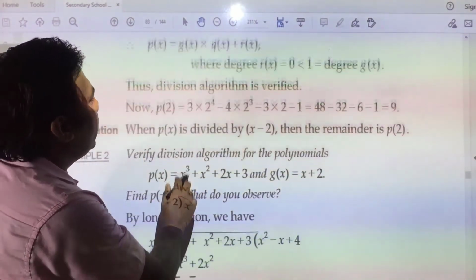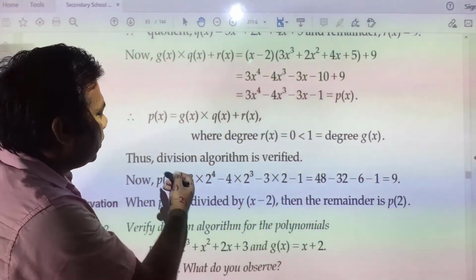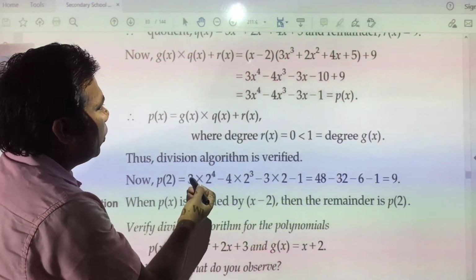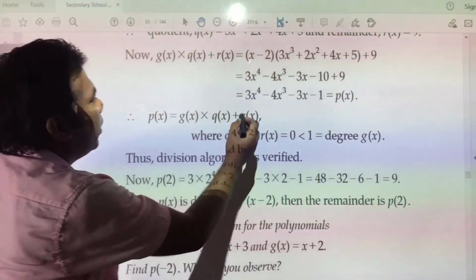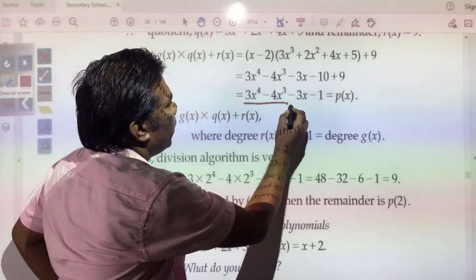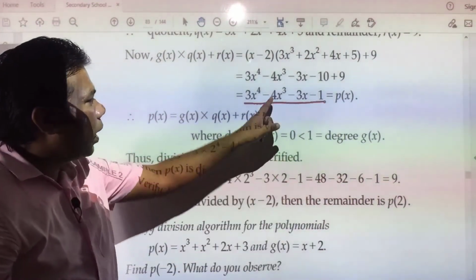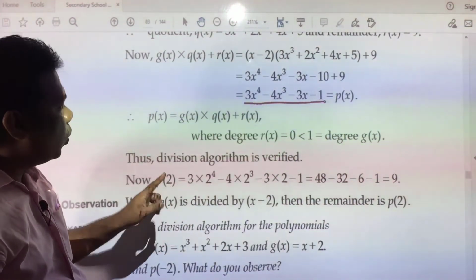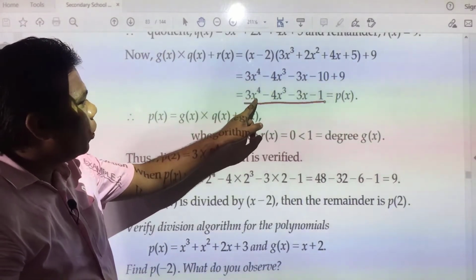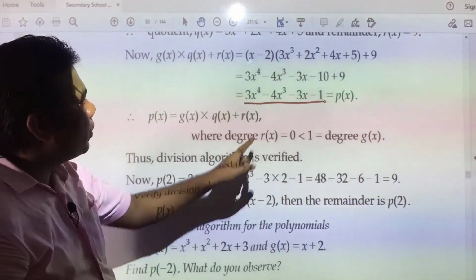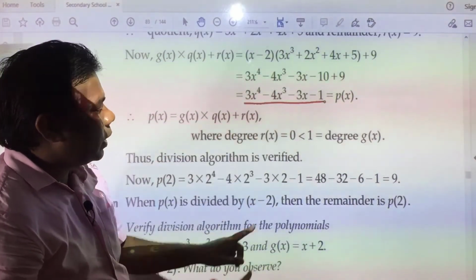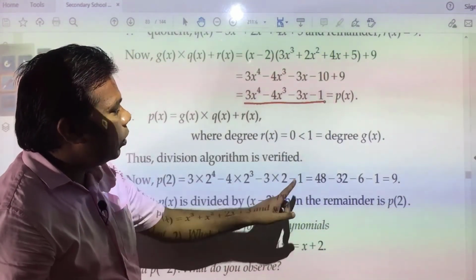So just you put the value as you have done in previous exercise. So, your equation you have 3x⁴ − 4x³ − 3x − 1. Here you need to put 2. So, 3 × 2⁴ − 4 × 2³ − 3 × 2 − 1.